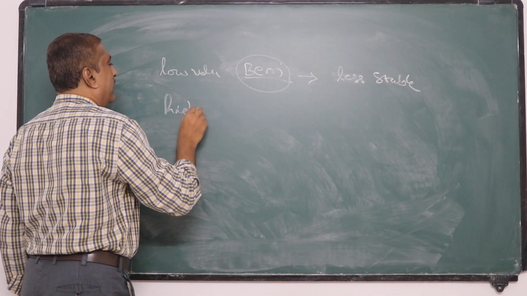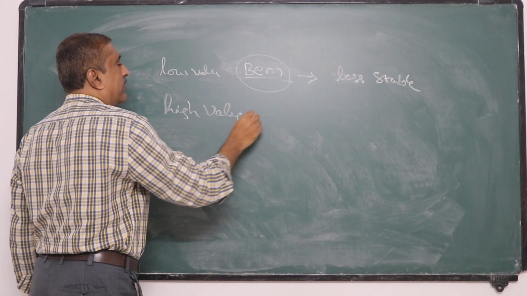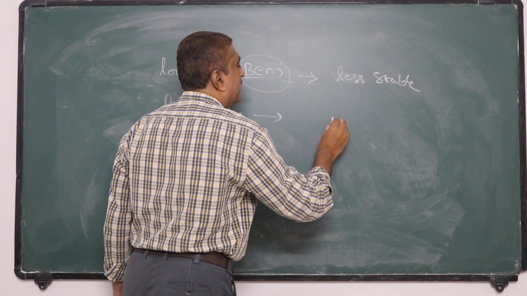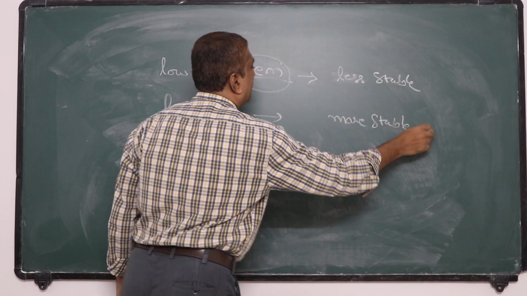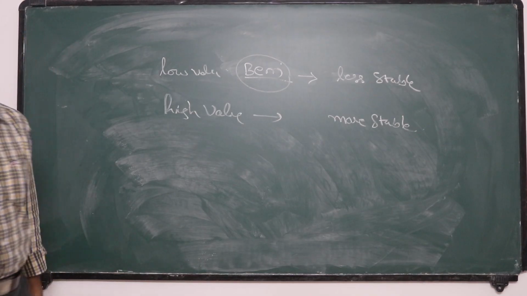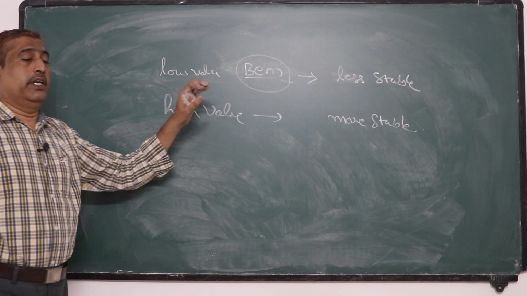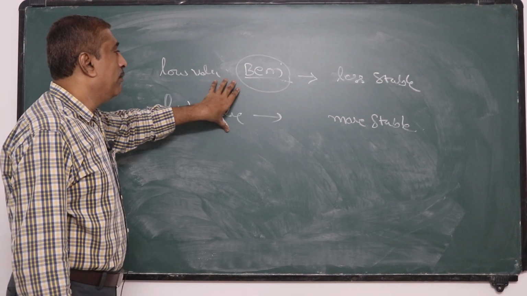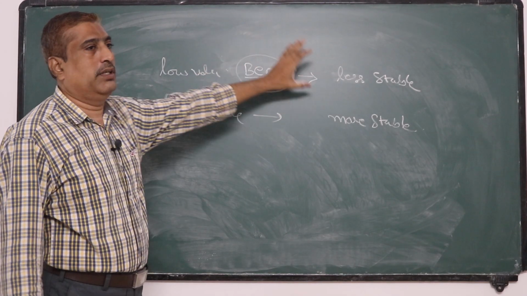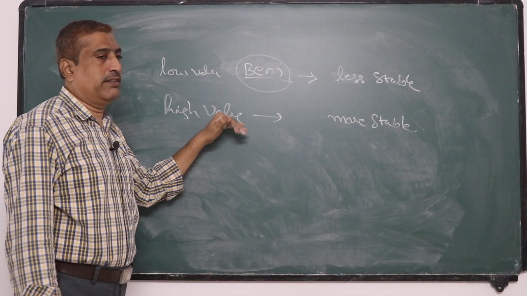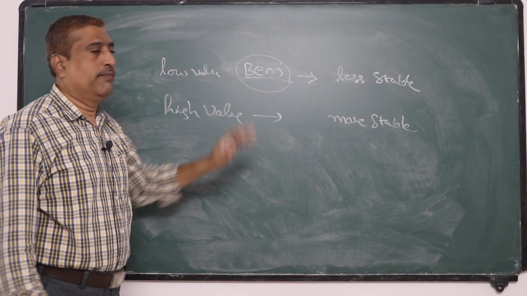A higher value of binding energy for a nucleus indicates it is more stable. Okay, you remember this point. If a nucleus has less binding energy per nucleon, it is less stable, and if it has a higher value, it is more stable.